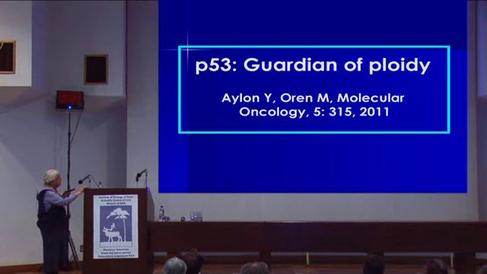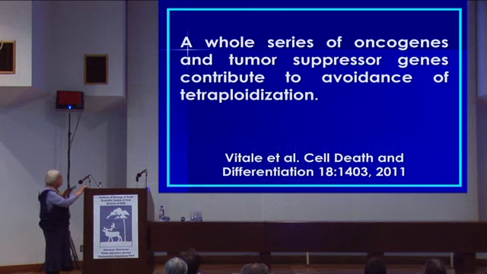And lately, an article of Aylon and Moshe Oren, already mentioned today, is named P53, the guardian of ploidy. However, in fact, not only P53 has this role, and a whole series of oncogenes and tumor suppressor genes contribute to the avoidance of tetraploidization.